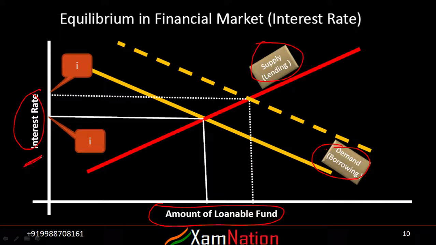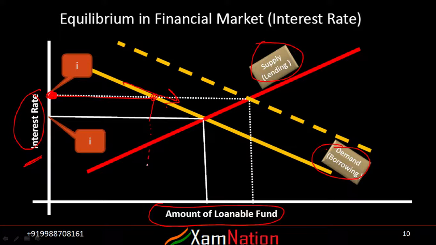So this is the interest rate and this is the amount of loanable fund. You can see this yellow line is a downward sloping line. What is this representing? Just concentrate on this yellow line only for the time being. If this is the interest rate, then demand for the fund is this much.